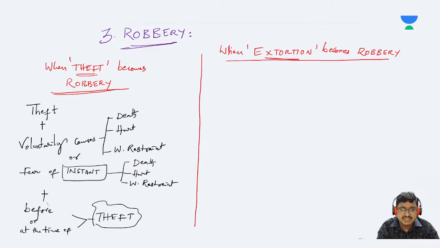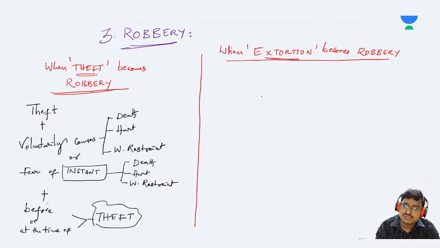Here, this may be the voluntarily causing death, hurt, or wrongful restraint, or voluntarily causes the fear of instant death, hurt, or wrongful restraint before the theft or at the time of theft. It amounts to robbery, friends.